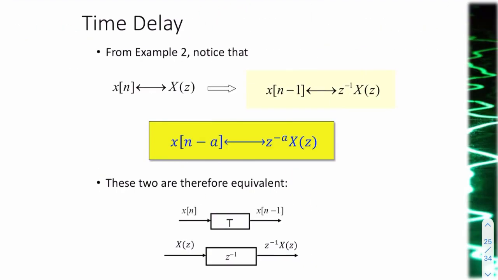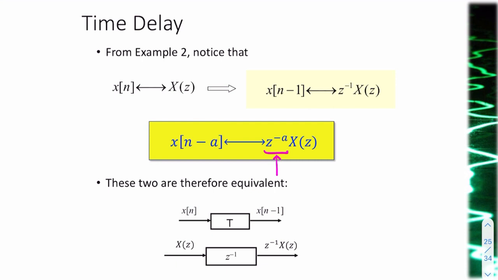So, did you notice that when we delayed our unit impulse, so remember when x of n was an impulse, the zTransform was simply 1. But when I delayed it by one sample, that gave us a zTransform of z to the power minus 1 times 1. So in general, whenever we delay by a samples, the corresponding zTransform will be multiplied by a factor of z to the minus a.